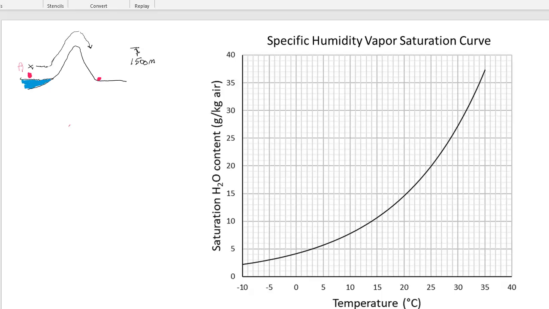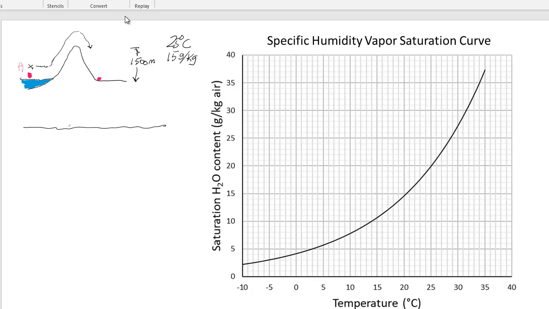And the incoming air mass, the air mass at its initial position over the ocean, we're told it has a temperature of 25 degrees C, and it has a specific humidity of 15 grams per kilogram of water vapor. So let's make a little chart we're going to want to do here.